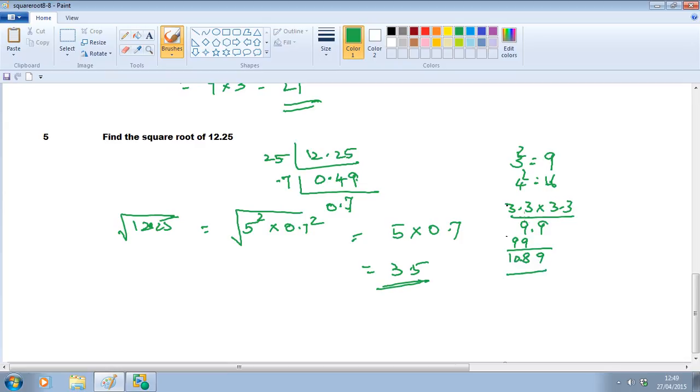That gives 10.8, so 3.3 is less, it's not more. Suppose you try with 3.6, that will be more. So somewhere in between that.